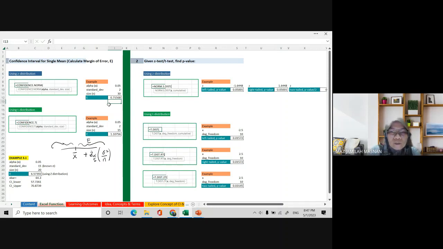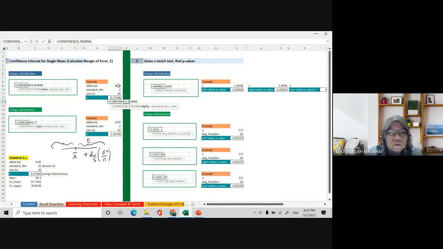So I have equal to CONFIDENCE.NORM just now. Double click CONFIDENCE.NORM, and then here you have the instruction: alpha, standard deviation, and size.